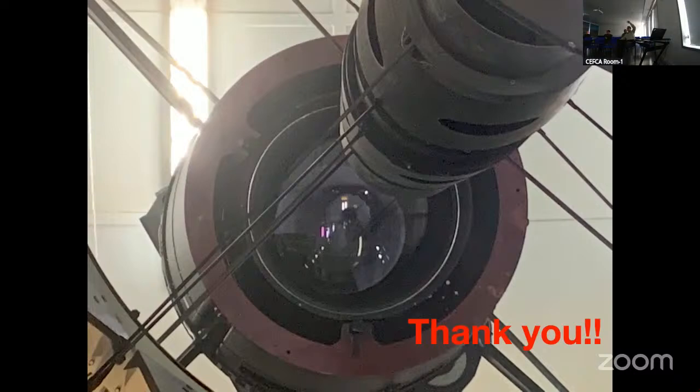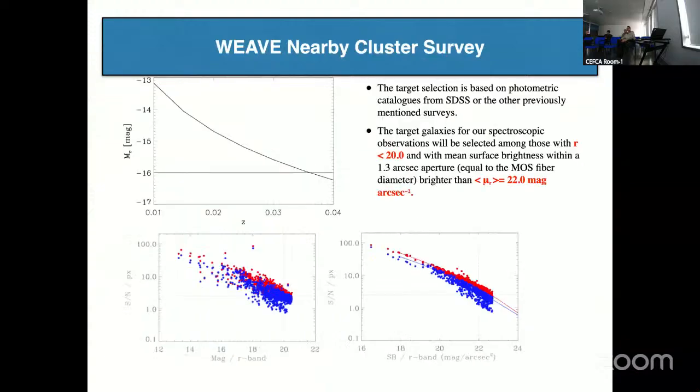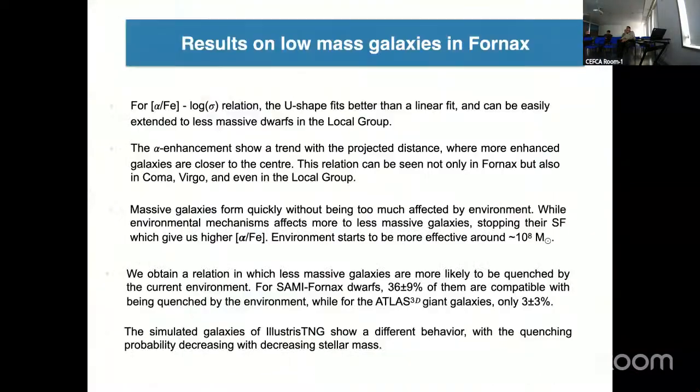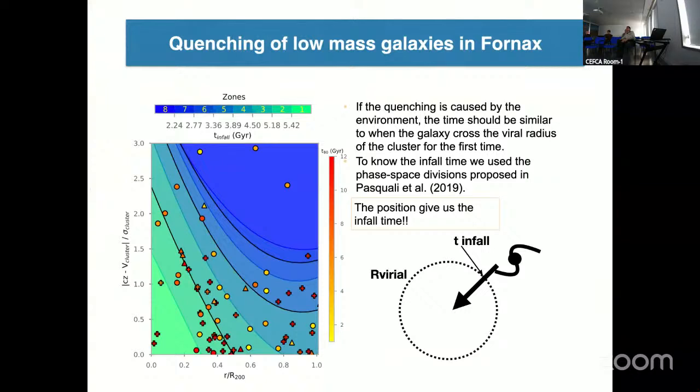I didn't get how you obtain the infall time for the real galaxies based on the simulation. It's statistical. This is the phase space: the velocity of the galaxy minus the mean velocity of the cluster divided by sigma, and the position with respect to the center of the cluster. The simulation tells me the infall time of galaxies located in this green area.